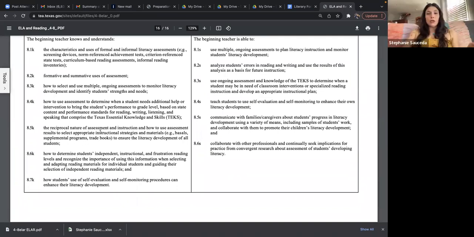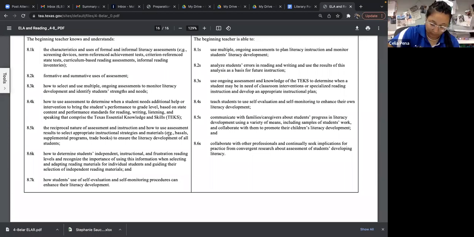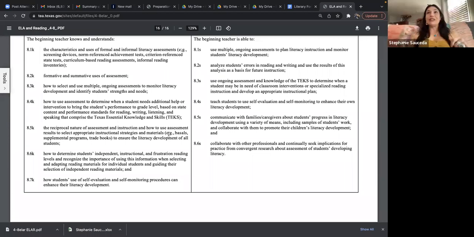The reciprocal nature of assessment and instruction is really important for literacy assessment. It has to be ongoing, where we're keeping track of where they are and the progress of their literacy in English, and that entails assessing them formally and informally.